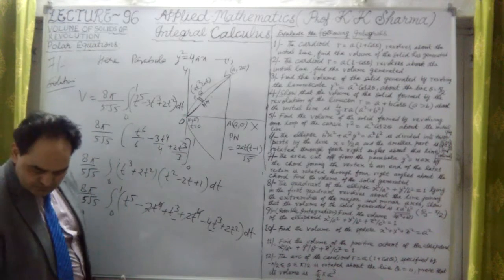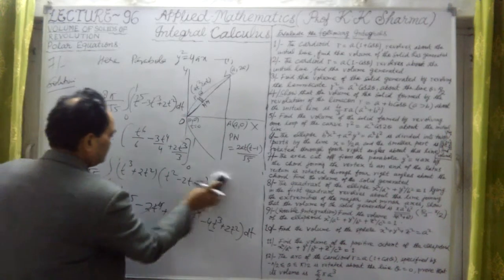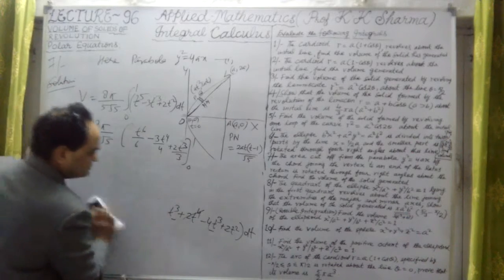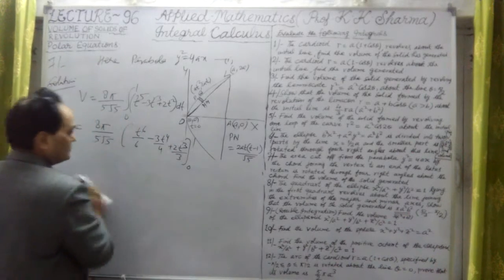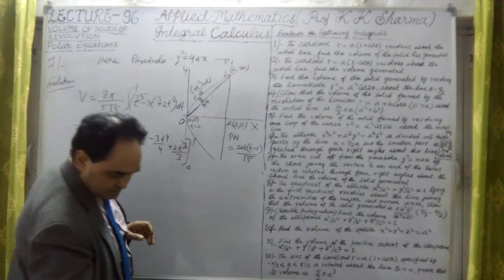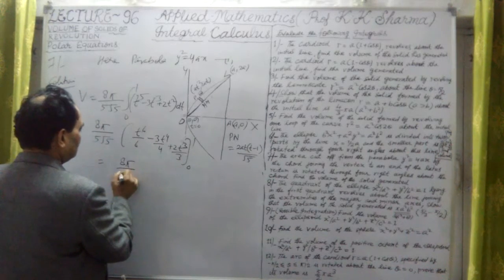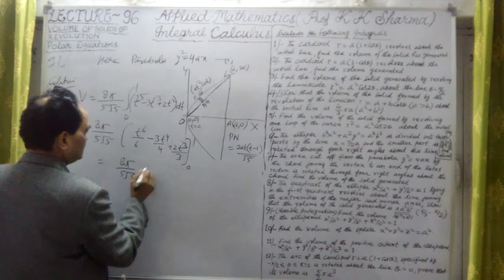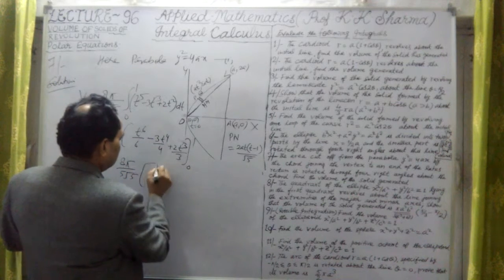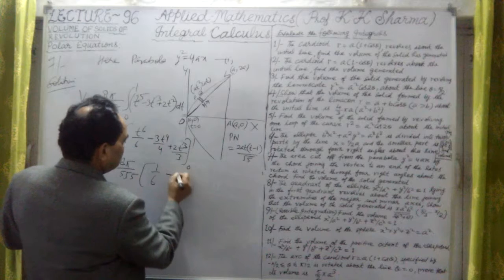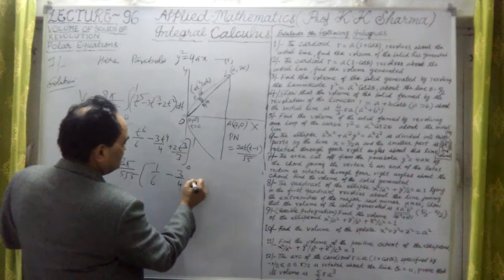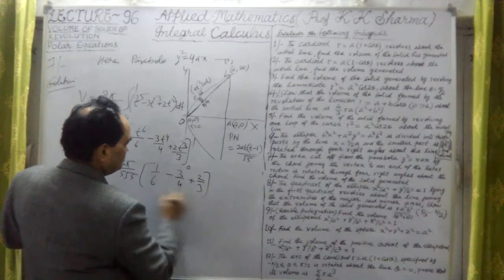Putting the limits, what is the final value? Let me check it now. Therefore, the volume of this solid will be 8π upon 5√5, this is 1 upon 6 only, minus 3 upon 4 plus 2 by 3.